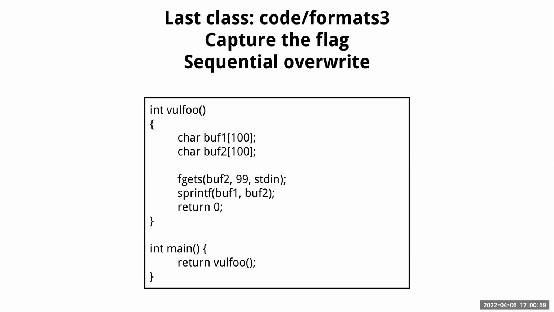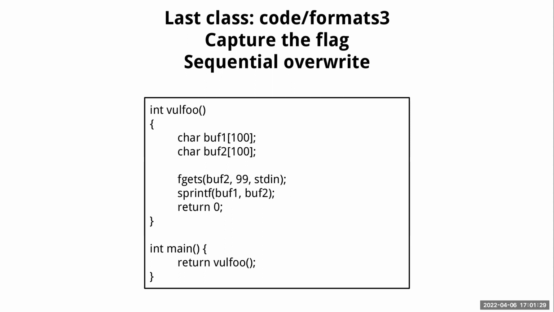So last class we started looking at format string vulnerability, and in that format string 3 example, we captured the flag using the traditional sequential overflow, just like what we did in buffer overflow.